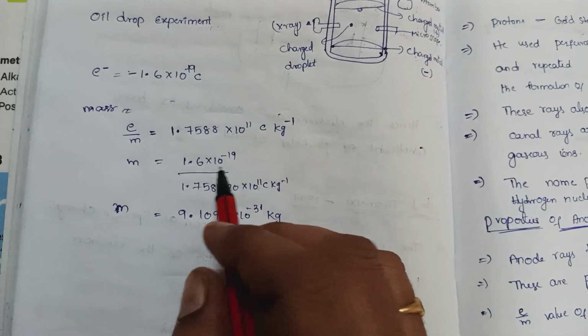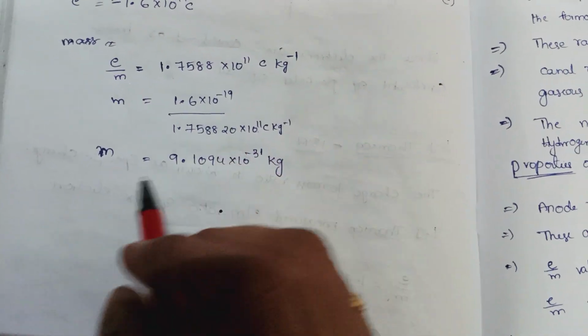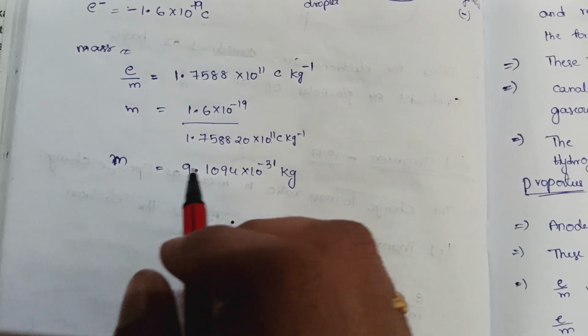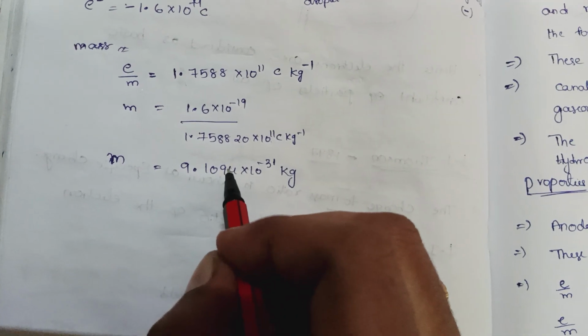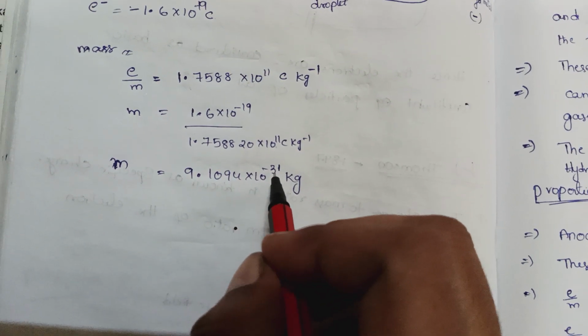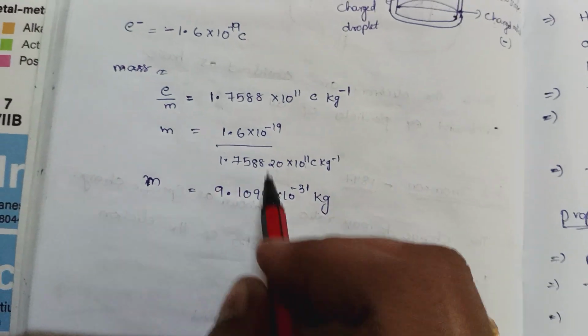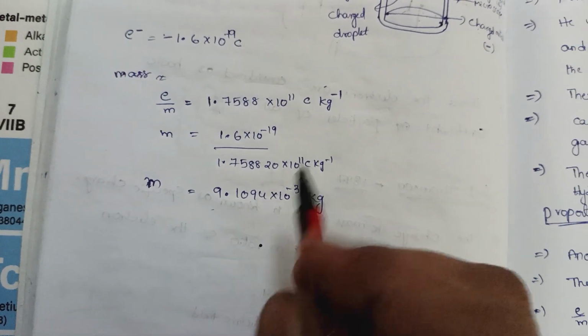By calculating these values, we got the m value, that is 9.1094 times 10 to the power of minus 31 kg. This is the mass of the electron.